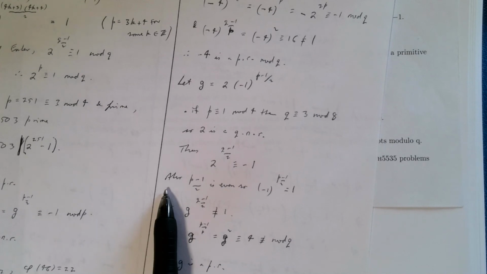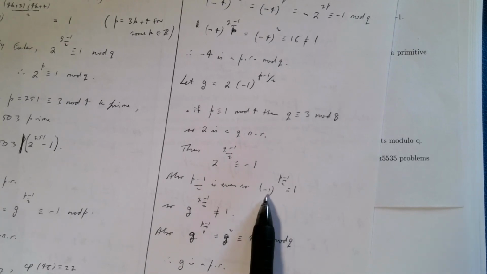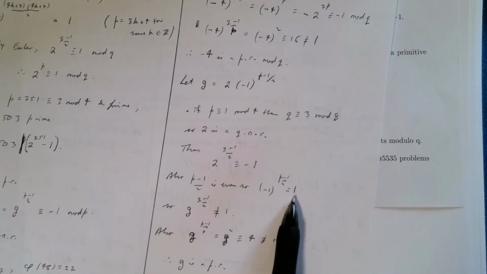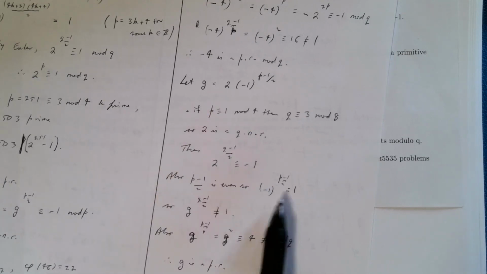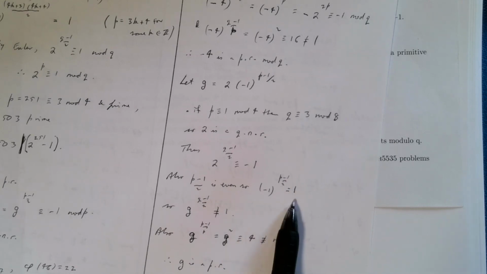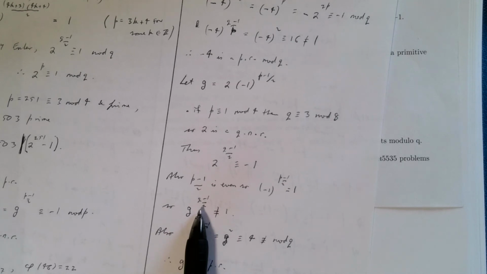If (p minus 1) over 2 is even, then minus 1 to the (p minus 1) over 2 is 1, because this is even. So g to the (q minus 1) over 2 is not 1.